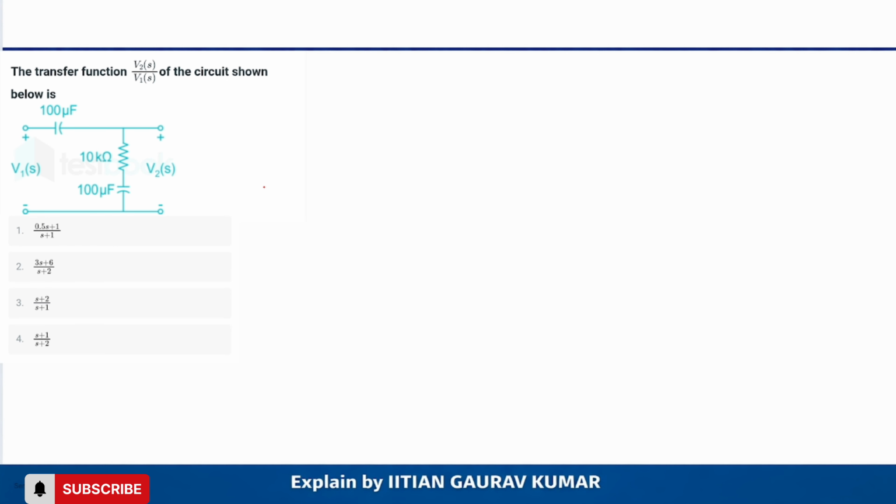Come to the last part of question number 5. This question is also asked in GATE. So we can write V2 of s divided by V1 of s, which is what the question is asking about. Okay, so what is the transfer function of V2 of s divided by V1 of s?